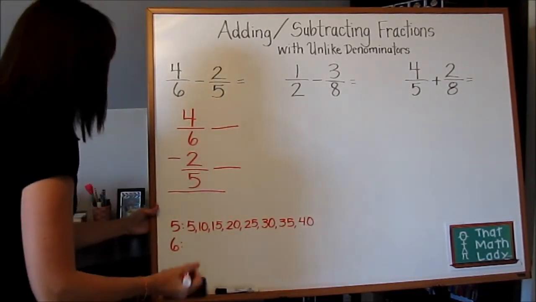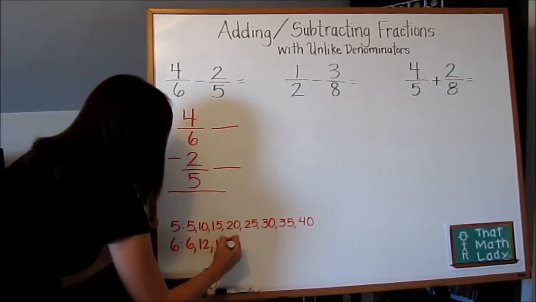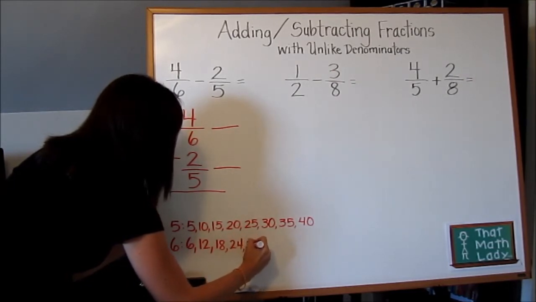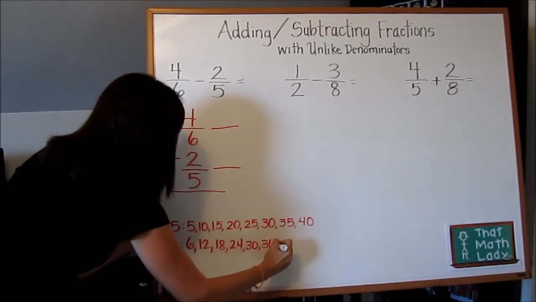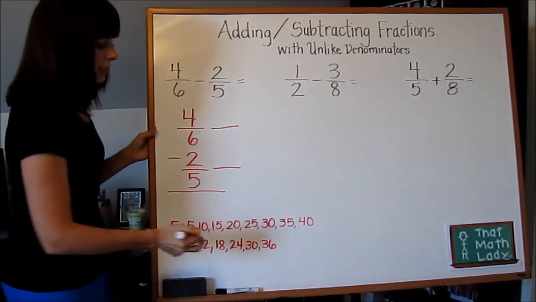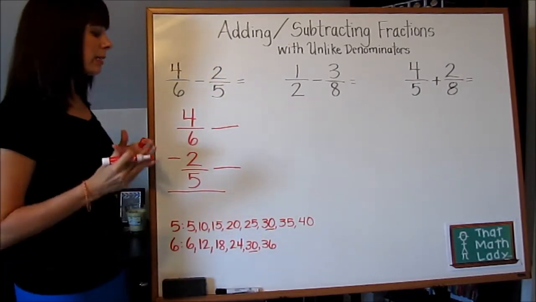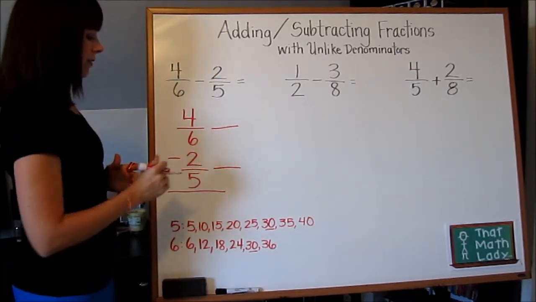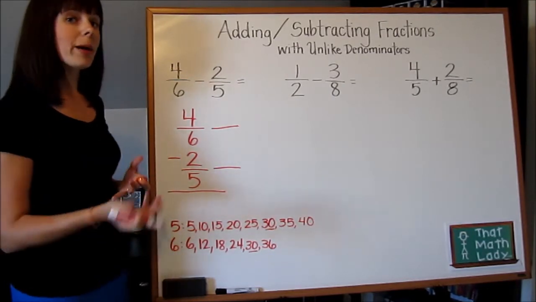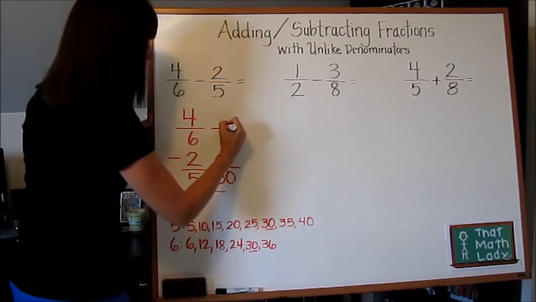There's some multiples of 5, and some multiples of 6. And by looking at these two lists, I can see that 30 is my least common multiple between 5 and 6. So 30 is the number that I'm going to use for my new fractions so that I can have a common denominator.